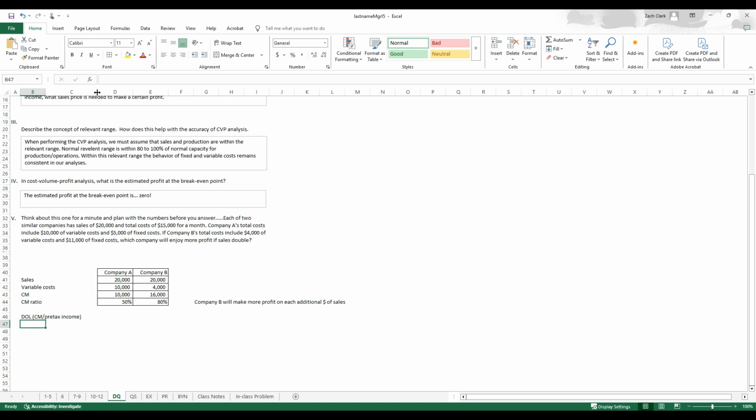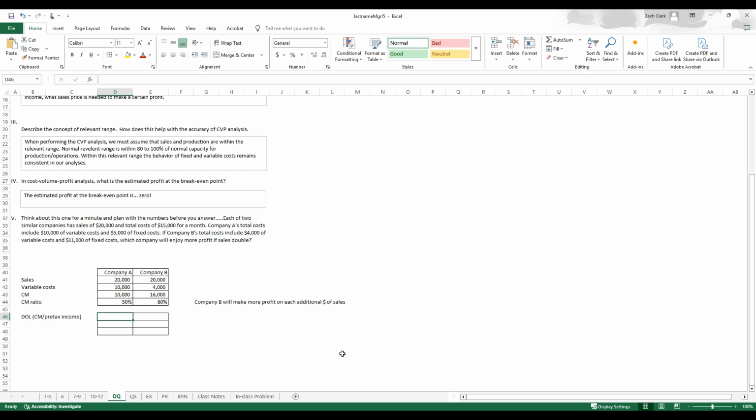Let's move our stuff over here a little bit. And what this is going to tell us is, from our contribution margin perspective, as we have increases in sales, how much is that going to increase our profit?